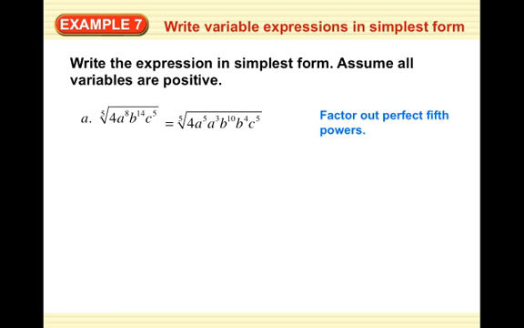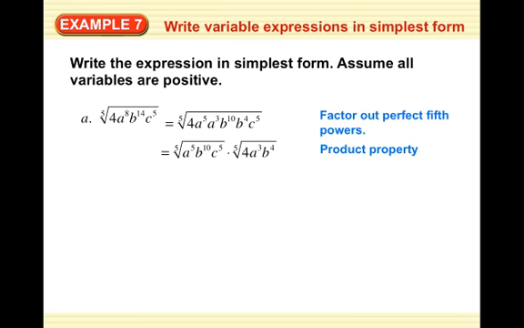So we can break off a to the 5th. 8 minus 5 is 3, so that leaves us with a to the 3rd. B to the 14th we want to break up as b to the 10th because that exponent is divisible by 5, and then that leaves us with 4 more powers of b, so we have b to the 4th, and then c to the 5th, it's a perfect fifth power.